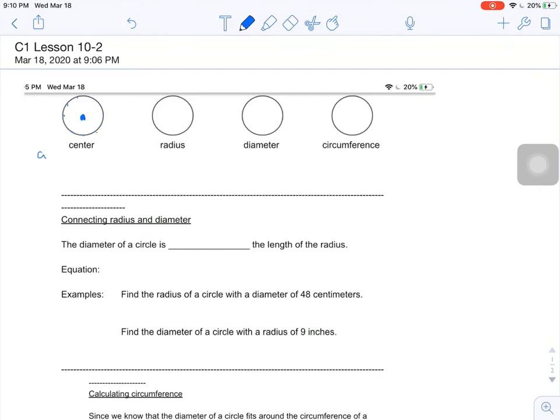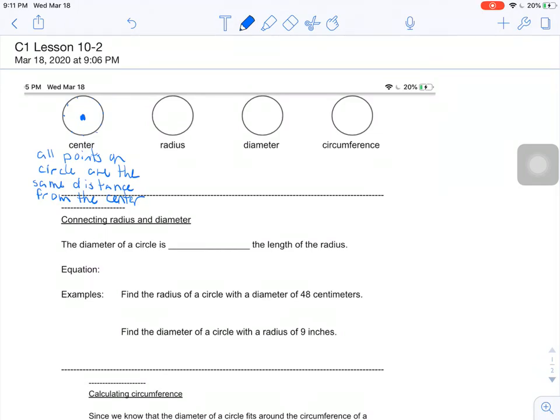So all points on the circle are the same distance from the center. So that's the center of the circle.